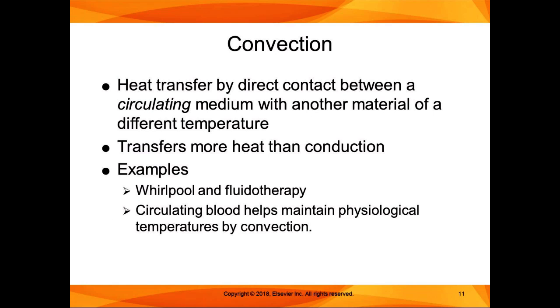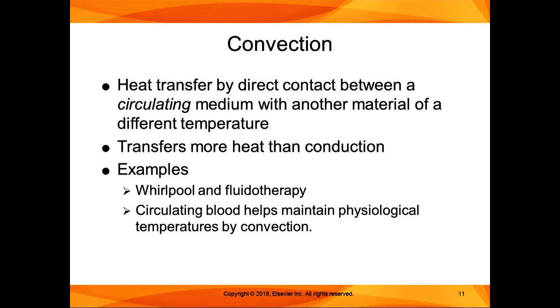Okay, convection is heat transfer by direct contact between a circulating medium and another material of a different temperature. It transfers more heat than conduction because the molecules in the circulating medium are contacting more molecules. The energy is being circulated. So the examples of convection are a whirlpool, or just a pool. It doesn't necessarily have to be a whirlpool, and fluidotherapy.